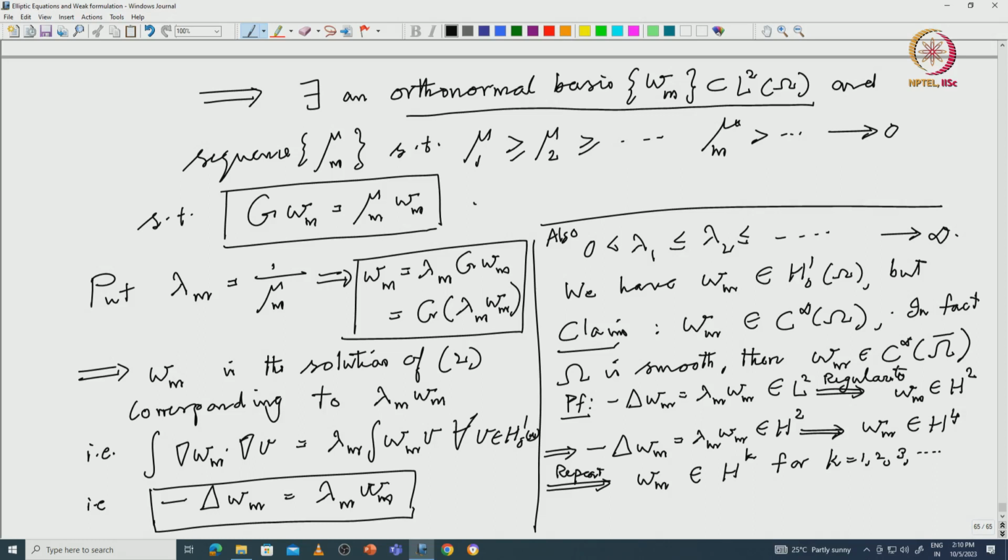And that implies Wm is in C infinity. You know that the intersection of Hk is contained in C infinity by embedding. When k is large, you get some smoothness. So Hk for every k gives you C infinity of omega. So you have this smoothness.